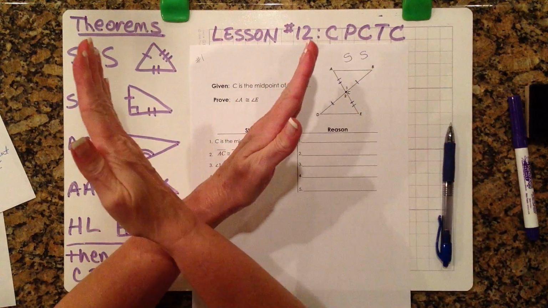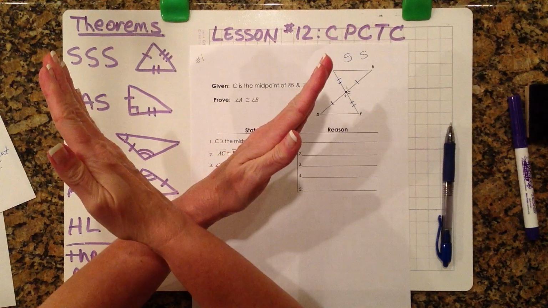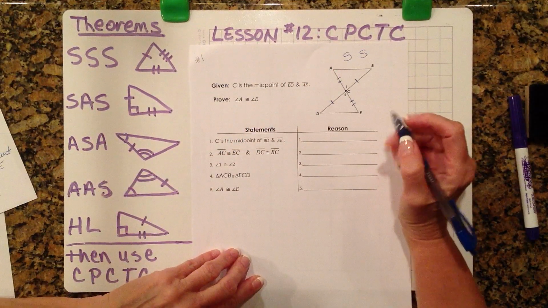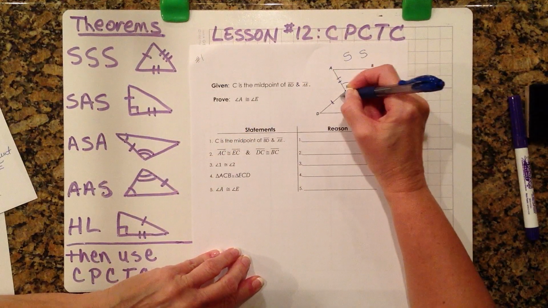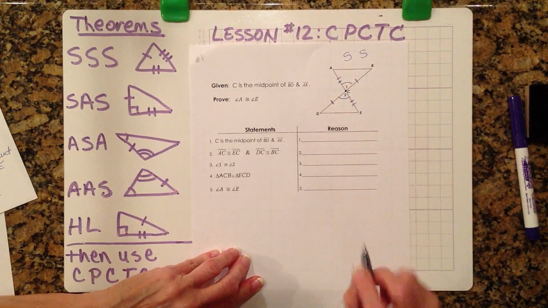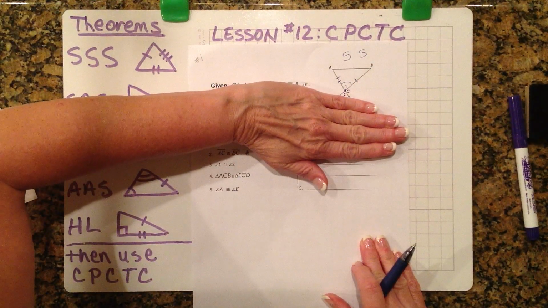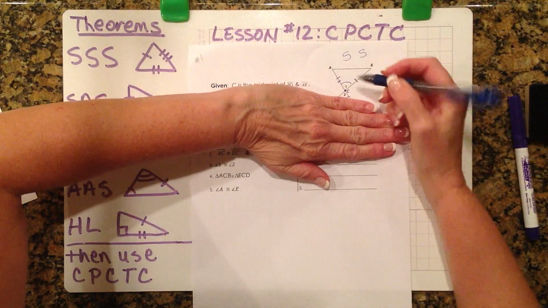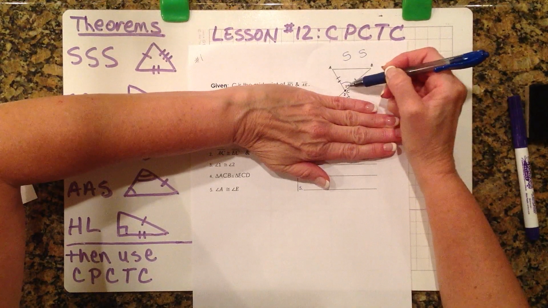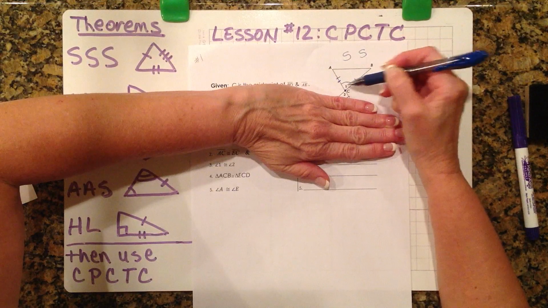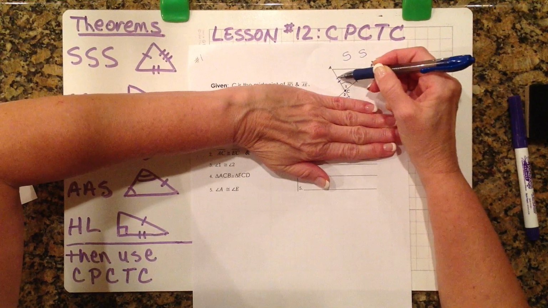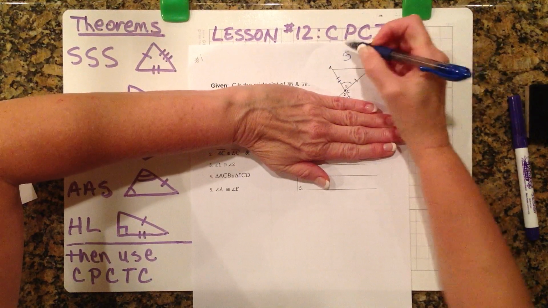When two angles cross each other, remember, they're going to be vertical, because look right here, 1 and 2 are vertical angles. So now I've got an angle in there. What theorem is this? Side, included angle, side. Side, angle, side.